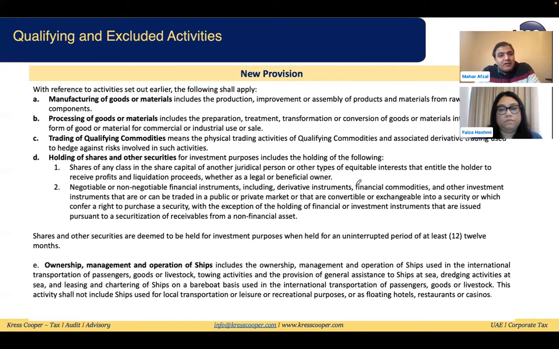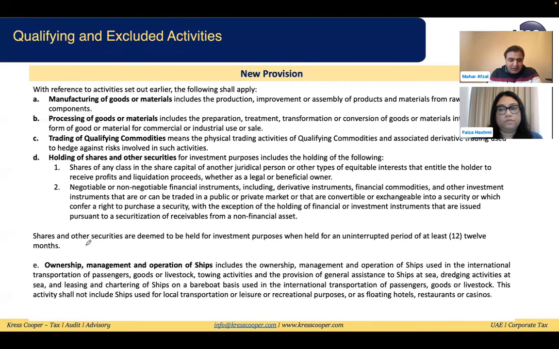So basically for manufacturing, they have added the description. This description is not anything new, because if we go to the public consultation paper that was issued in the past, almost the same description was given there. They have taken the description from there, but made it a part of the cabinet decision or respective ministerial decision, whichever it is. So they have given the description of the manufacturing of goods and material, processing of goods and material, trading of qualifying commodities, holding of shares and securities.